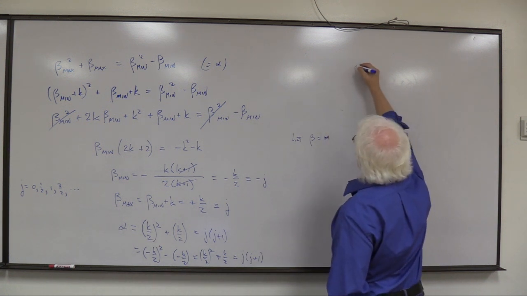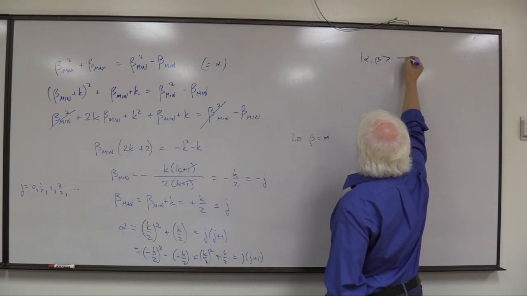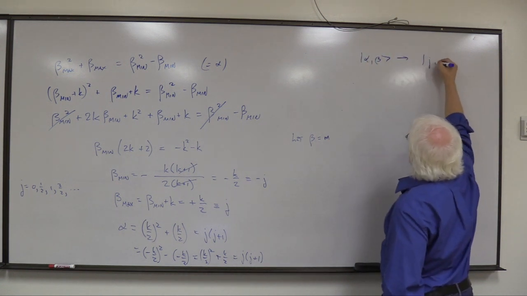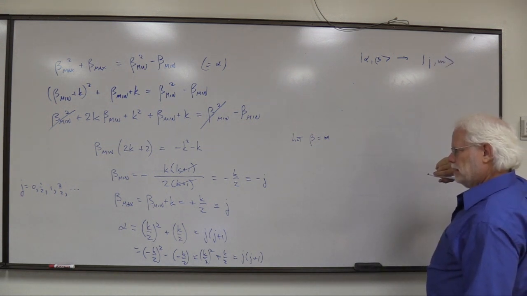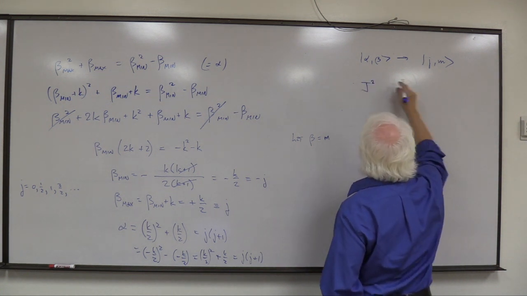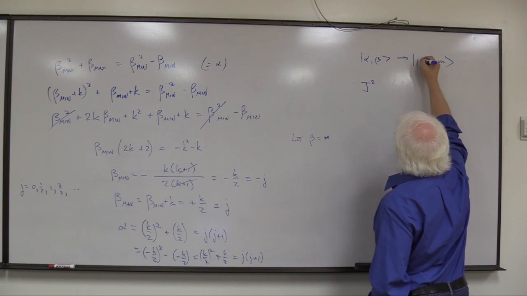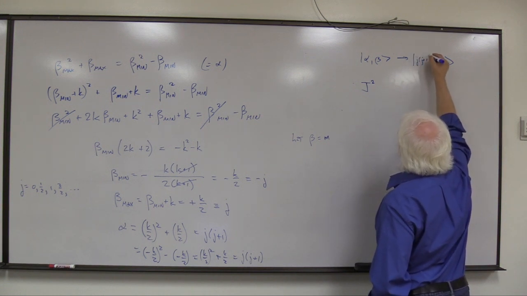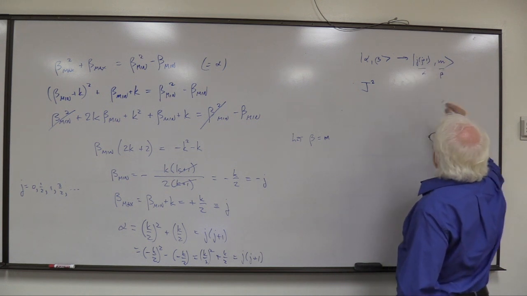So our states alpha, beta we're going to write as j and m, where j times j plus 1 is what we found for alpha, and m is beta.